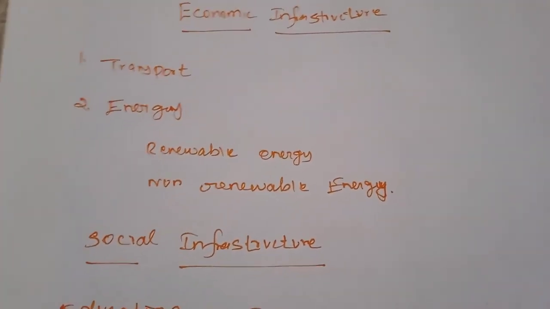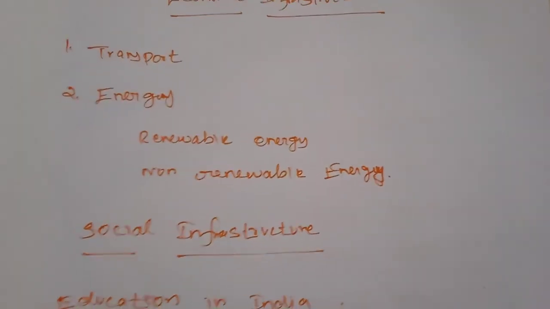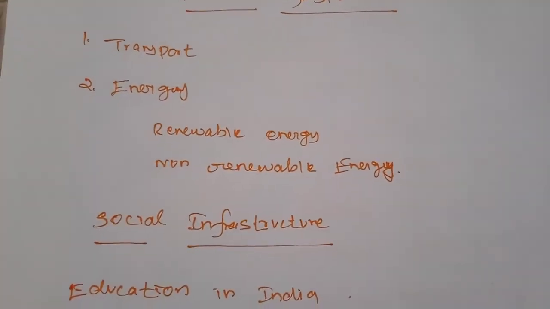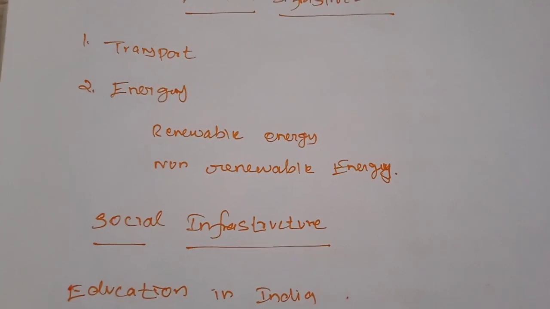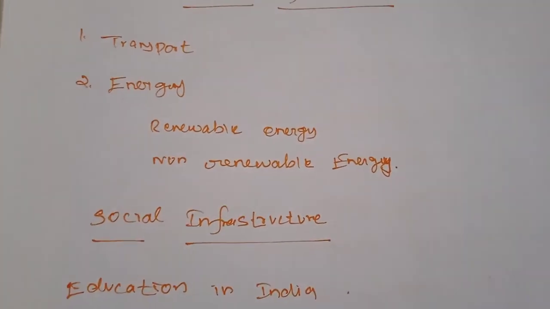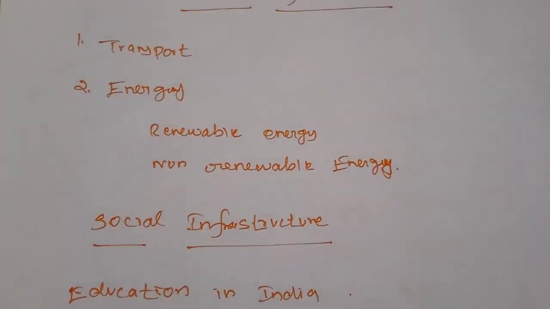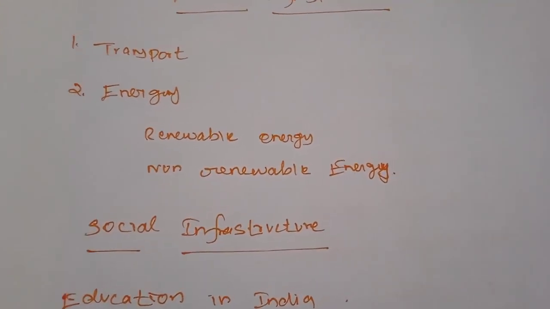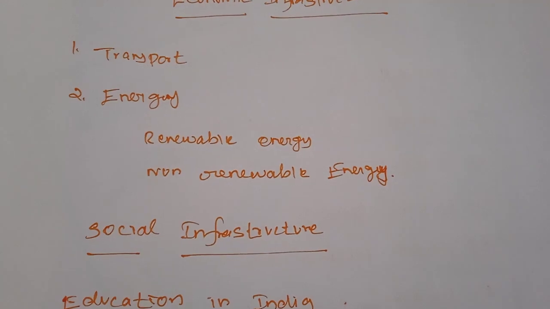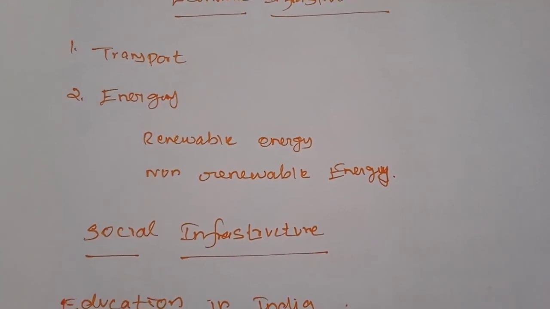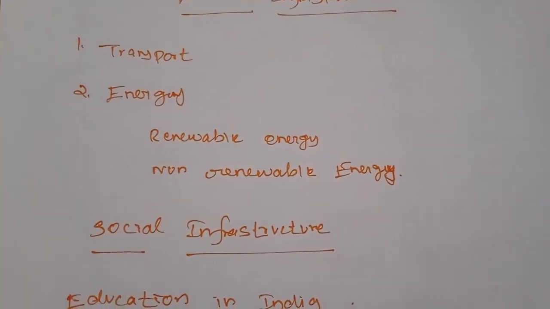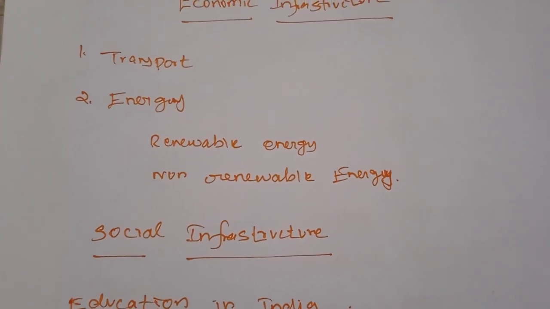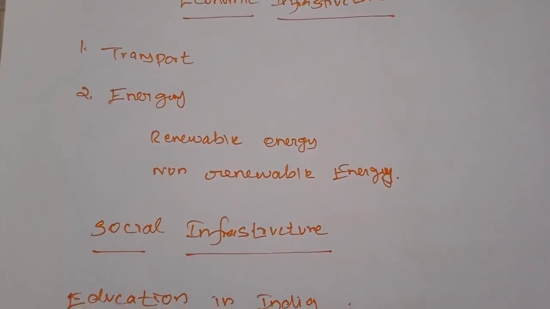We can produce these types of energy again and again. Even if we use them many times, we can produce more. Renewable sources are also called non-conventional sources of energy, since these ways of producing energy were not used earlier.